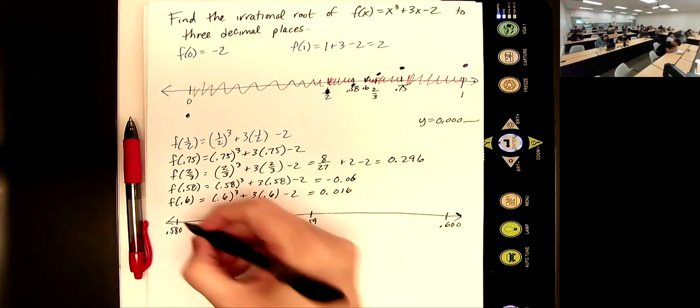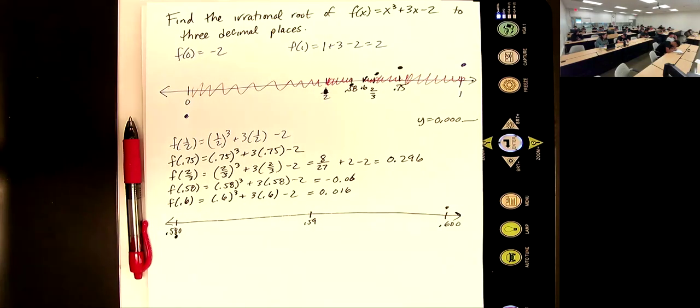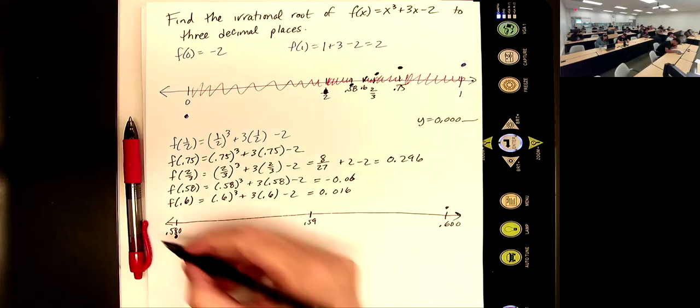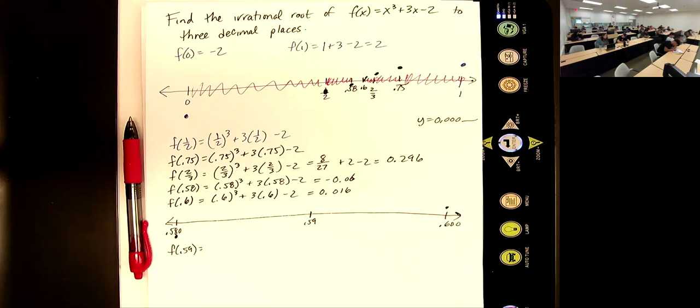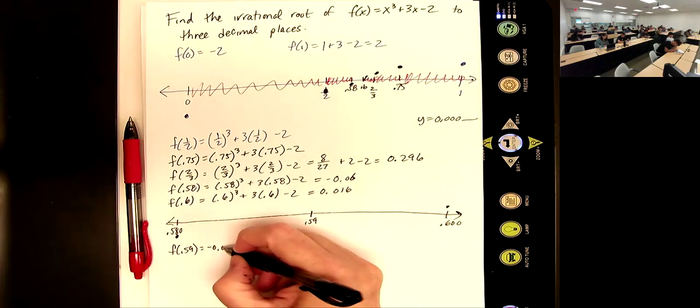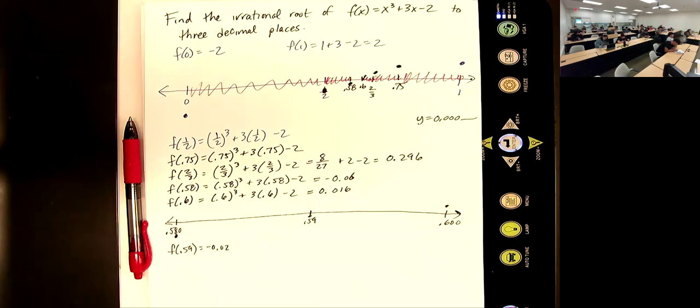And I'm gonna rewrite this, this was below, this was above. I think you guys see what's going on, I don't need to write down what the formula is every time. Negative 0.02. We're still below. Questions?